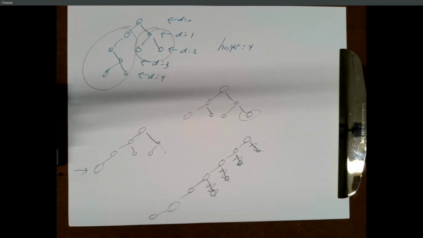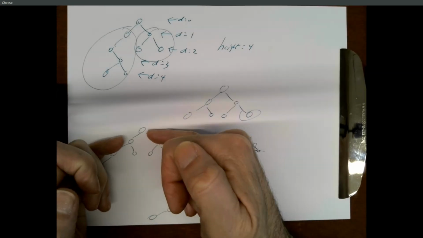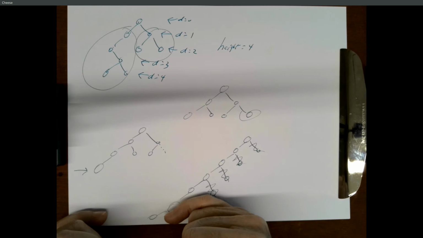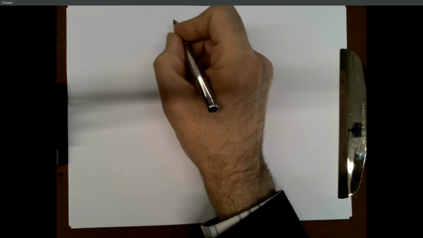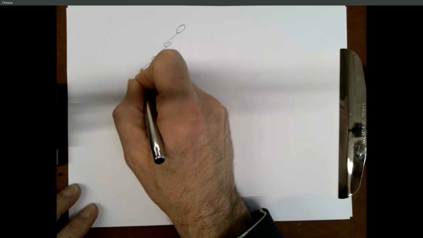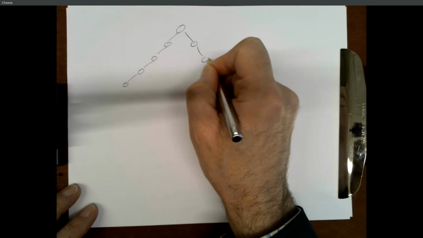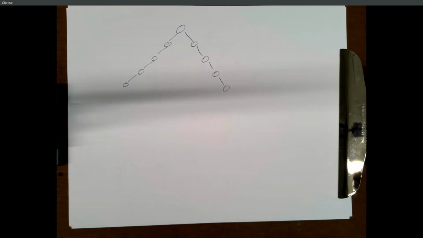Okay? So balance is not so much how many things are on the left and how many things are on the right, even though it looks like that. Balance is really about trying to fill things in at each level before you go deeper. So this might be balanced in a physics sense. I have 9 nodes here, and I got the same number on the left as on the right.